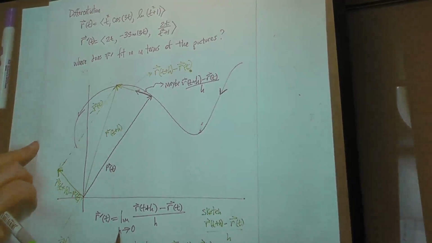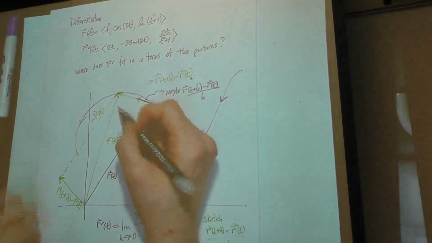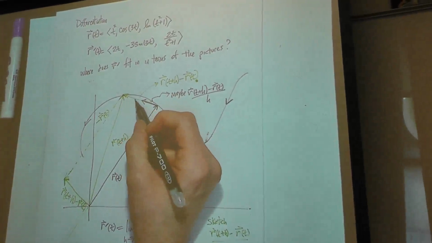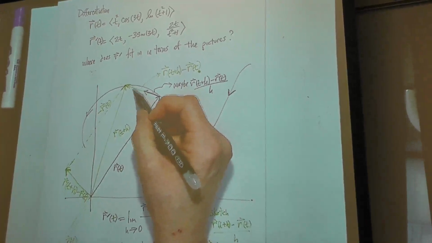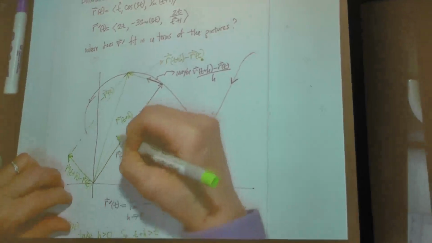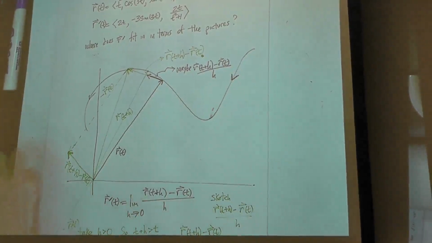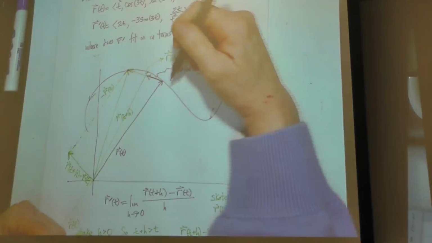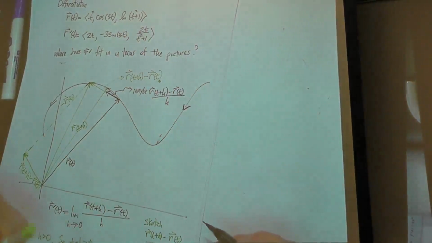We're going to take a limit as h goes to 0. Well, as h goes to 0, what is my green r of t plus h going to do? It's going to come around like this, at which point the direction of my difference quotient is going to be like that.